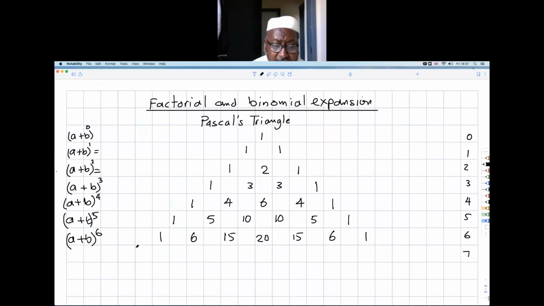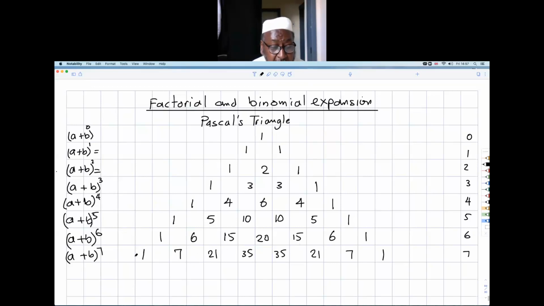For the last one, put 1 here and 1 here, and that will be 7. 6 plus 15 is 21, 15 plus 20 is 35, 20 plus 15 is 35, 15 plus 6 is 21, 6 plus 1 is 7. This is A plus B to the power 7.